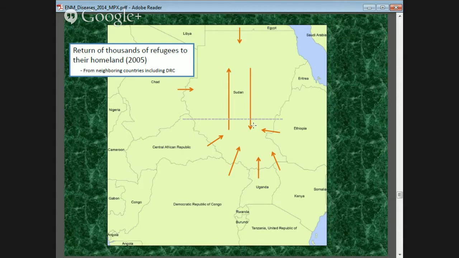So you could imagine that some of the refugees from the DRC, mainly from the northern part of the country, and some of those areas where monkeypox could be present, could have gone into Sudan and gone back.